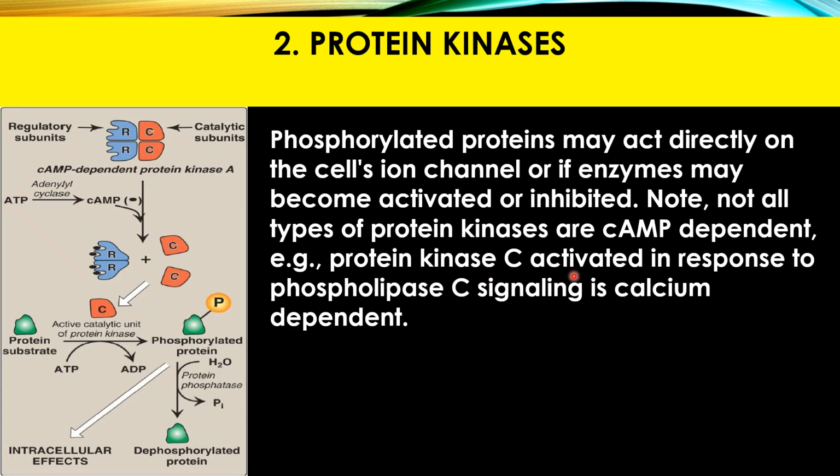Protein kinase C is activated in response to phospholipase C signaling. We have already discussed there are two types of signaling system. One is the phospholipase C signaling system, which is not cyclic AMP dependent. It is calcium dependent, which we will see in later chapters.